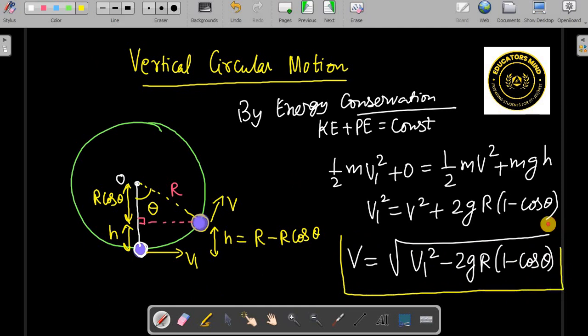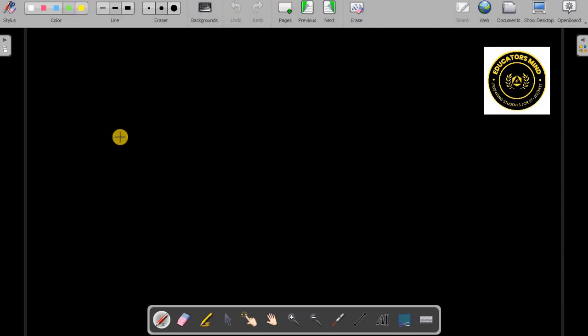This is the formula for speed at any angle. At any angle we can calculate it, and of course the speed at the bottom should be given, right? Now we should also think about the tension, how tension and other things are changing. So let us say this was the bob, and at an angle of theta, how things are changing.